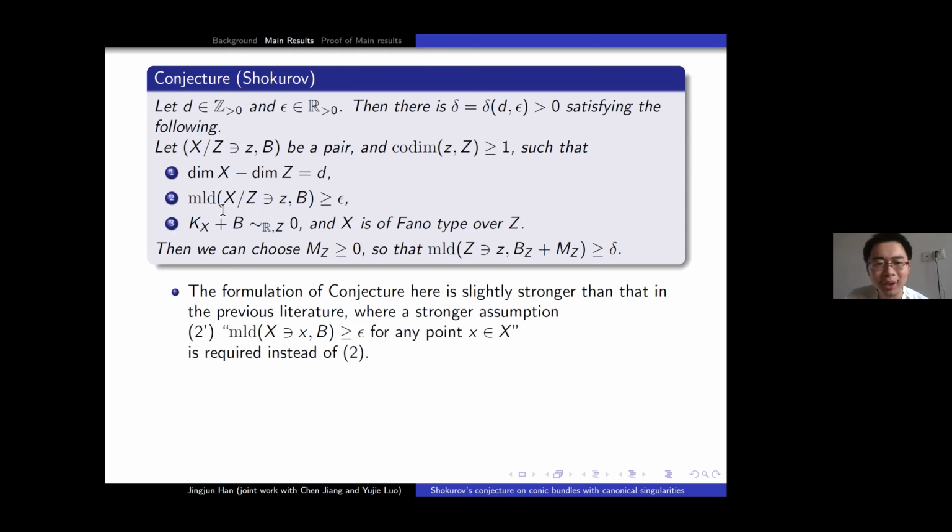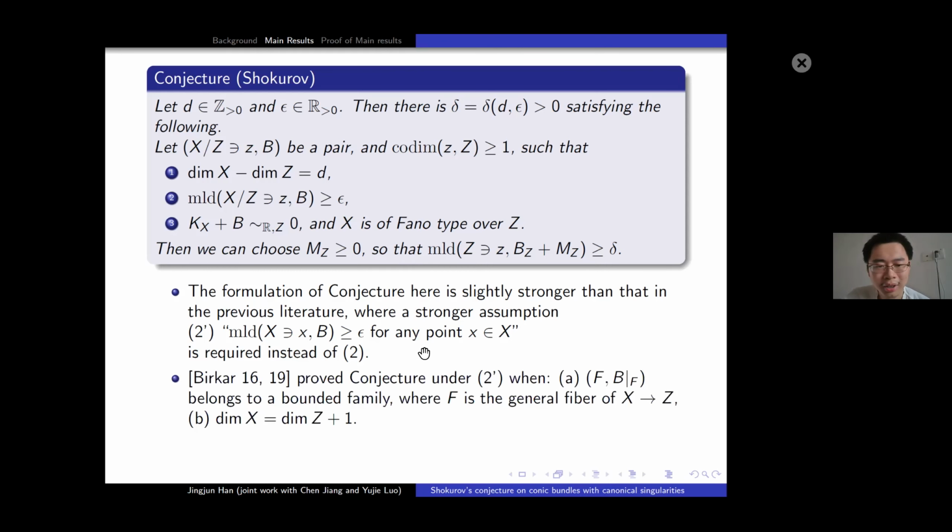For the relative pair, the assumption is actually weaker, because we only require that for all prime divisors over this small point, the MLD is larger than epsilon. So this assumption is weaker than the usual assumption that the MLD of (X,B) is larger than epsilon, which is a strong assumption. If the MLD of (X,B) is larger than or equal to epsilon, then in Birkar's paper he proved this conjecture.